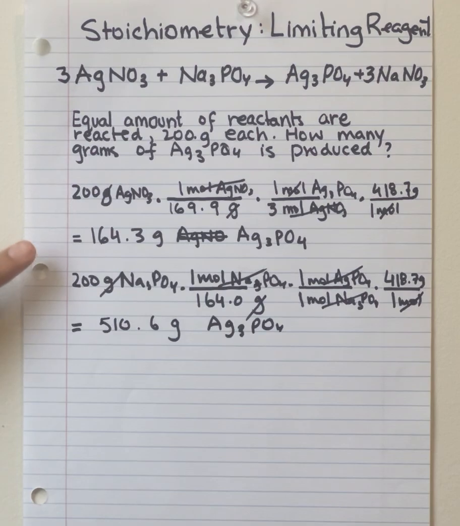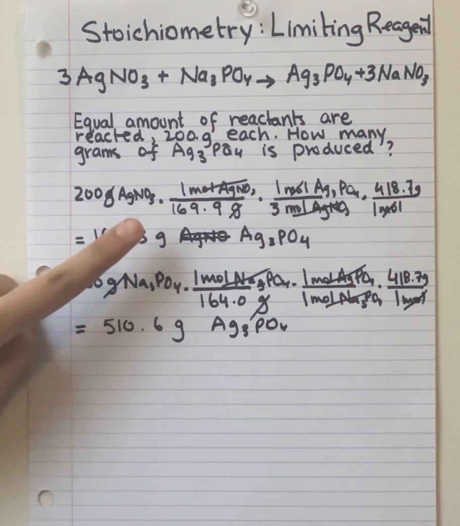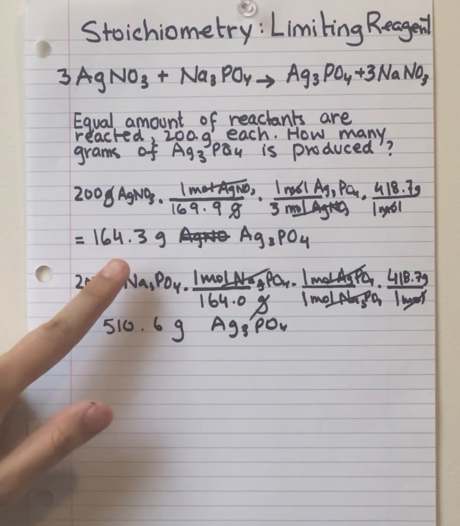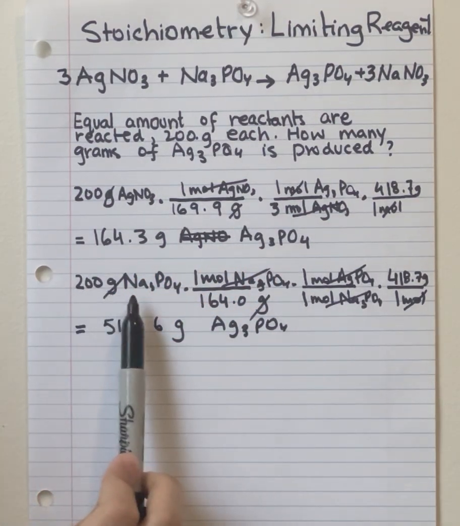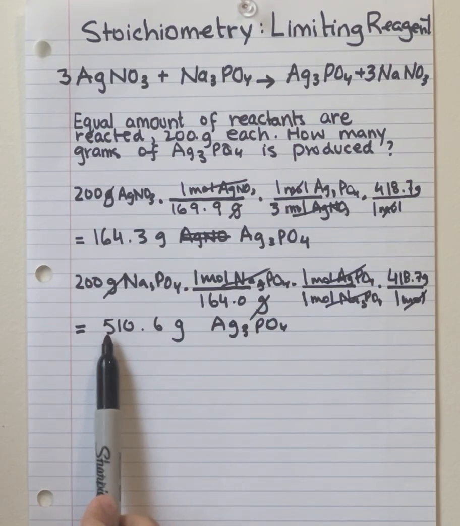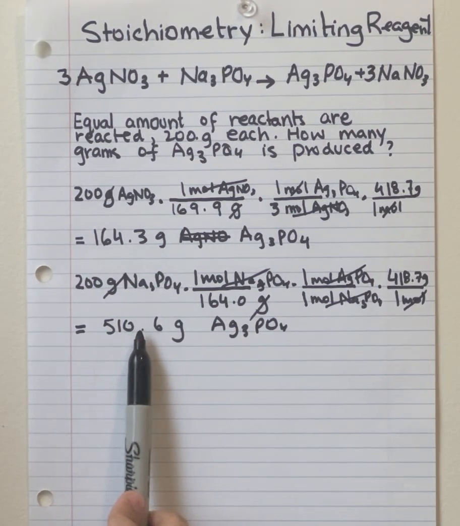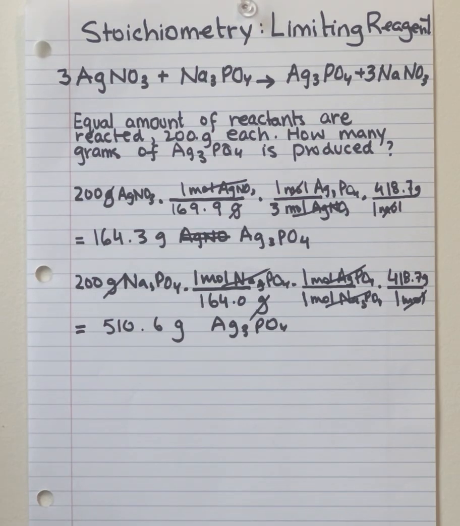As you can see, when we react 200 grams of silver nitrate, we produce 164.3 grams of silver phosphate. And when we react 200 grams of sodium phosphate, we get 510.6 grams of silver phosphate.